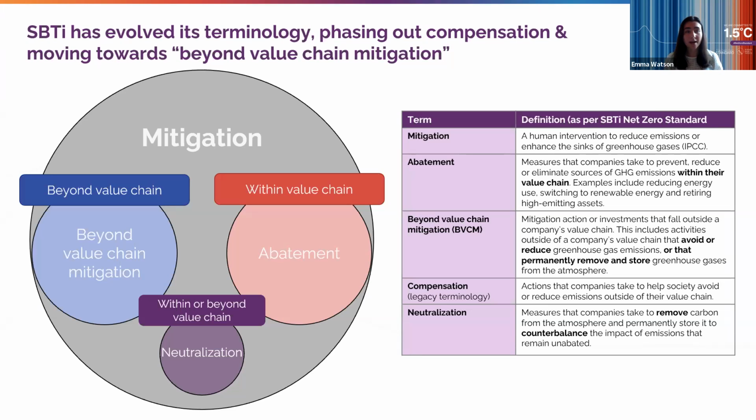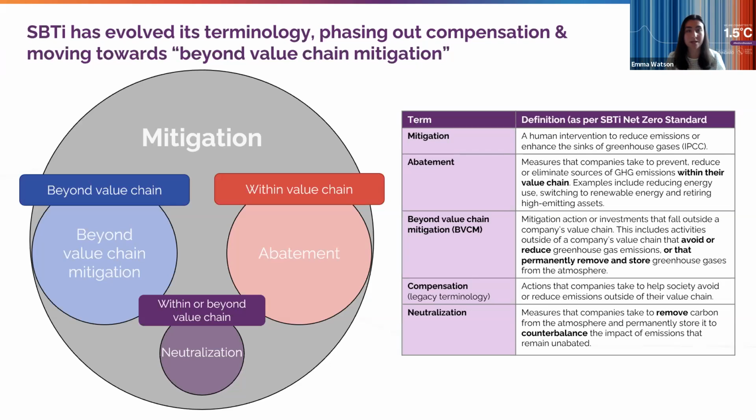So first of all, we have the term mitigation. Mitigation is the term for any human intervention to reduce emissions or enhance sinks of greenhouse gas emissions. What you can see on the left-hand side of the screen is a Venn diagram, and essentially mitigation captures all of these actions that humans would take.